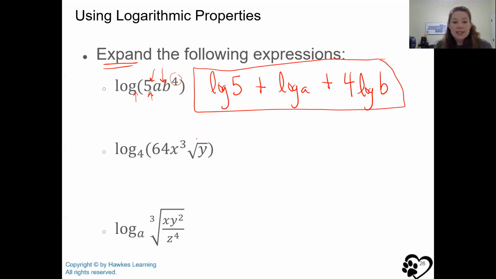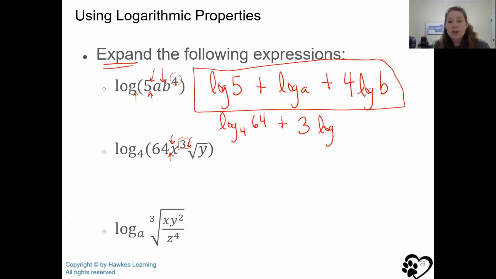All right, now we're going to do the second one. I see 64 times x times the square root of y. So I know we're going to be using addition again. So we're going to start with log base 4 of 64 plus, because of that multiplication, there's a 3 as an exponent. So we're going to bring it all the way in the front.